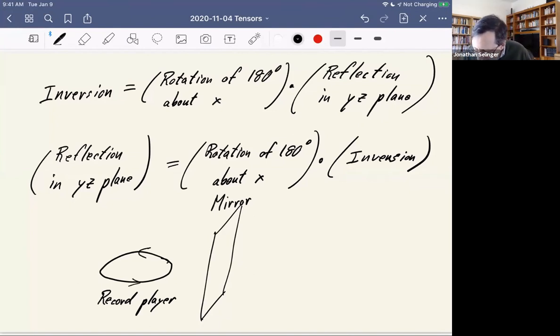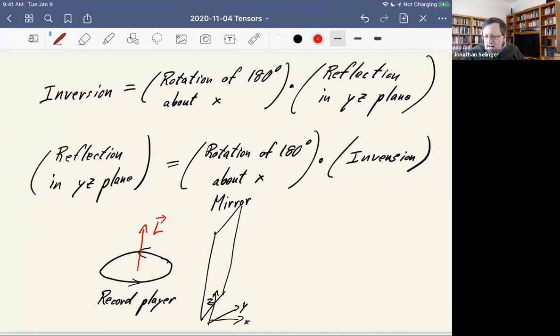The vinyl disc is in the XY plane. Here's X, Y, Z. There's angular momentum for the disc that's spinning, and the angular momentum has a direction given by the right-hand rule. So the angular momentum, L, is pointing upwards.